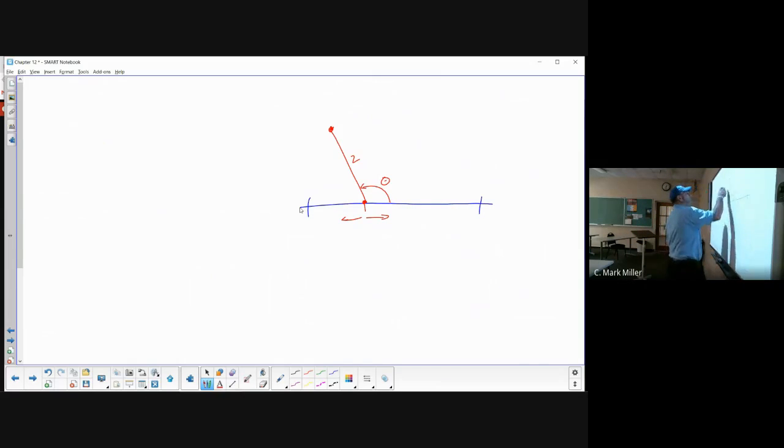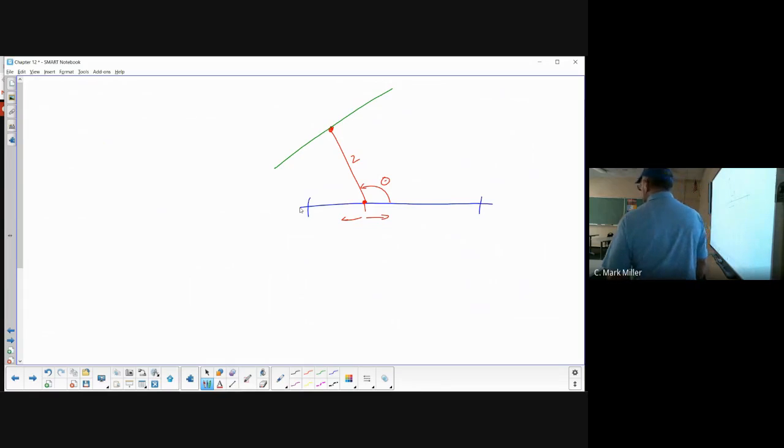How do you draw a straight line that's at an angle? What's the relationship between theta and the position here on this axis? This is a vector value function, similar to what we're doing now, right?